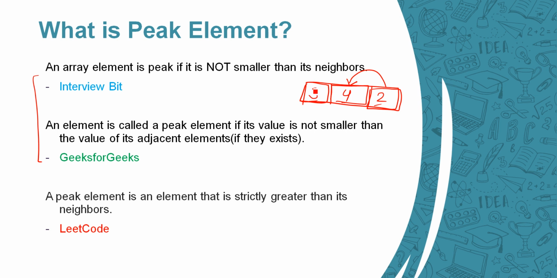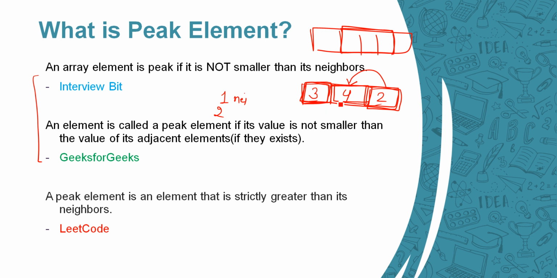The basic conclusion is that the leftmost and rightmost elements have only one neighbor, the adjacent elements are termed neighbors, and the middle elements will have two neighbors. According to InterviewBit and GeeksforGeeks, if an element is not smaller than its neighbors, then it will be termed a peak element.